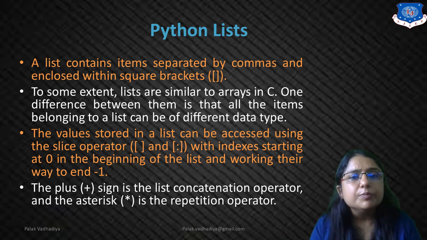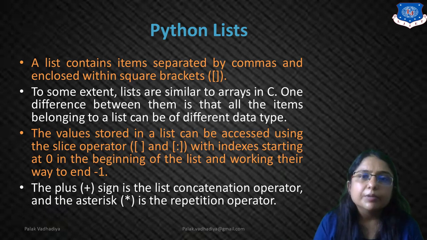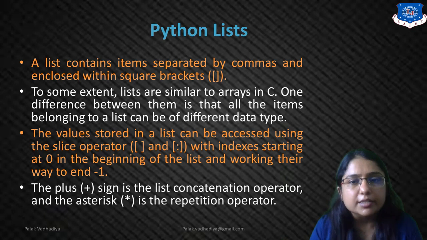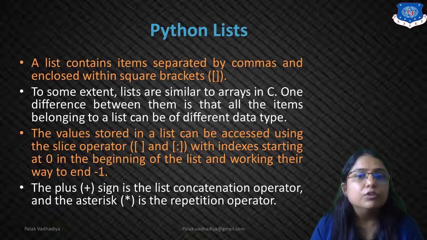Now one difference between them is that all the items belonging to a list can be of different data types. It is not necessary that whenever you are using a list, you have to use the same data type. You can use a number and string together in one list. You can define an integer and float also in one list.